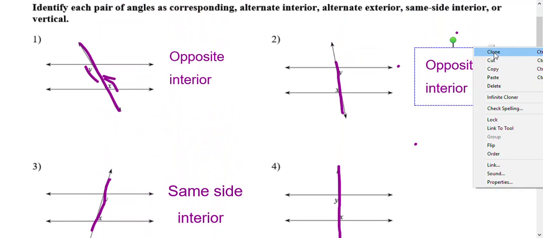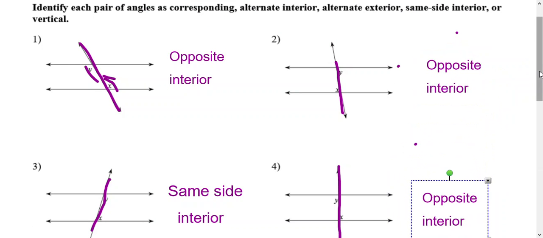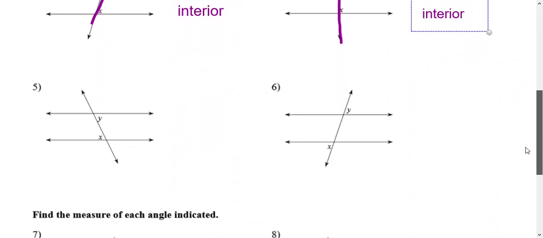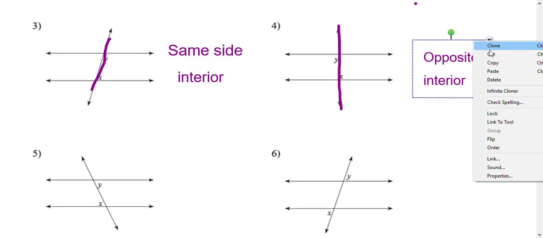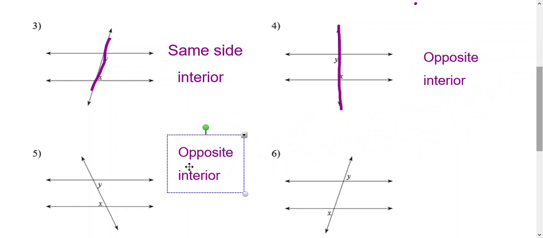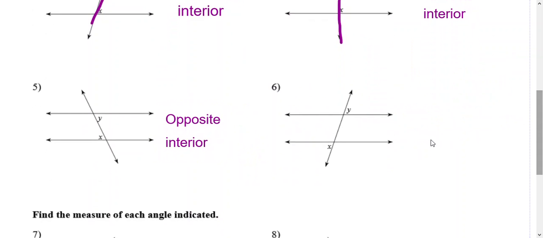So these are again opposite interiors. Number 5, we again are dealing with opposite interior angles. They are on opposite sides of the transversal, and they are inside of the other two lines.